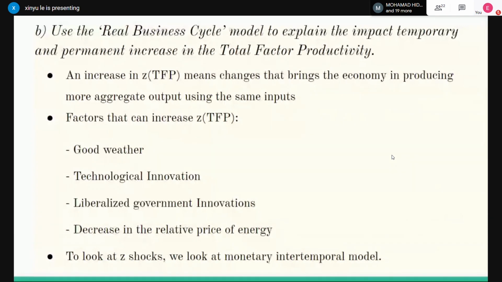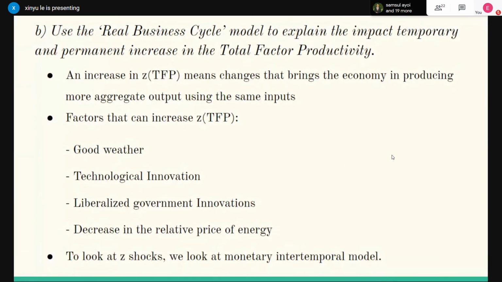Coronavirus is maybe like a great disaster that will cause the capital stock to decrease. Oh yeah, definitely.